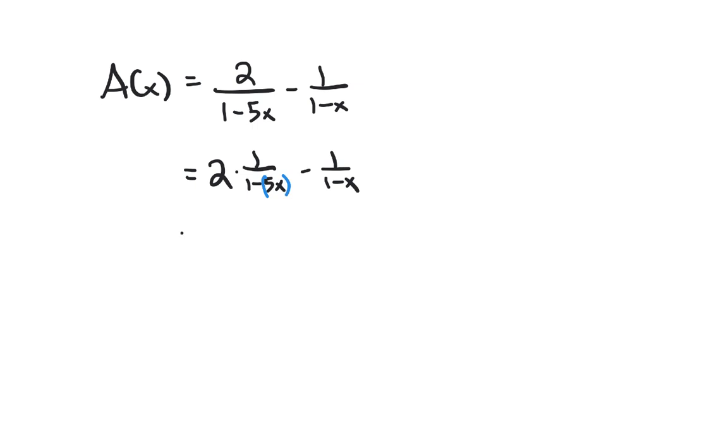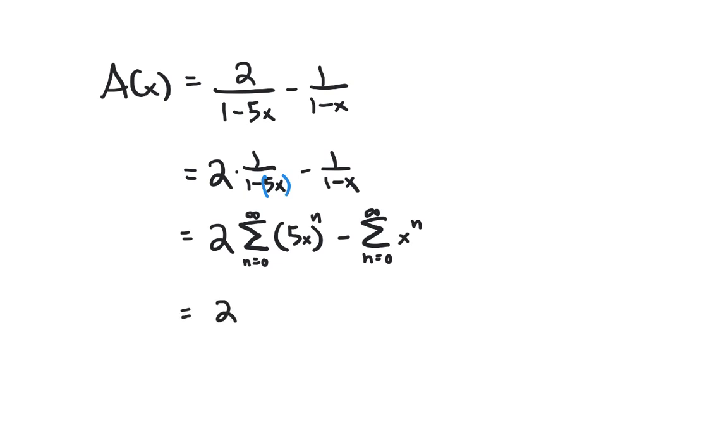So I can view this as 2 times the sum of (5x) to the n, as n goes from 0 to infinity, minus the sum as n goes from 0 to infinity of x to the n.